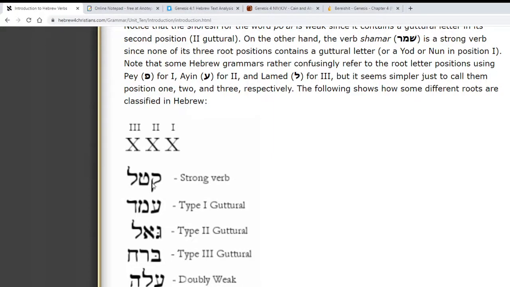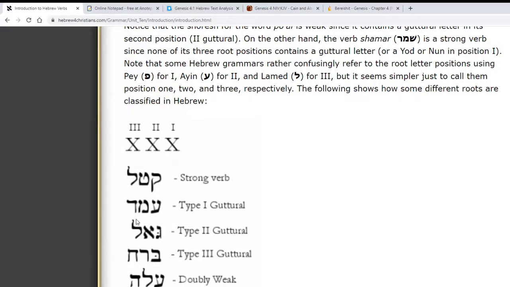So like katal, that's a strong verb, right? Quf, tet, lamed, all of those are letters that don't really ever run away.